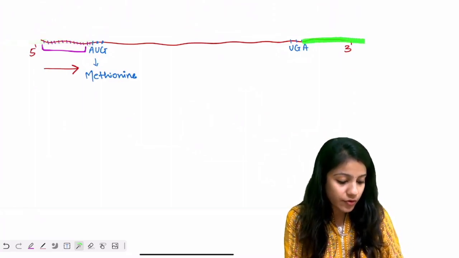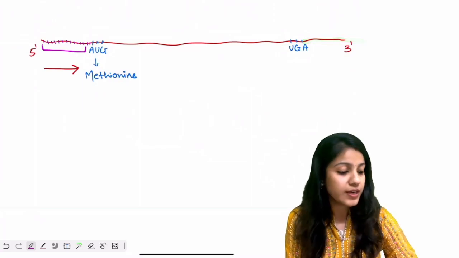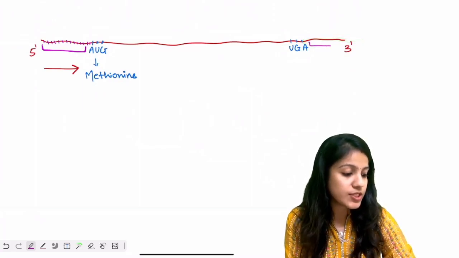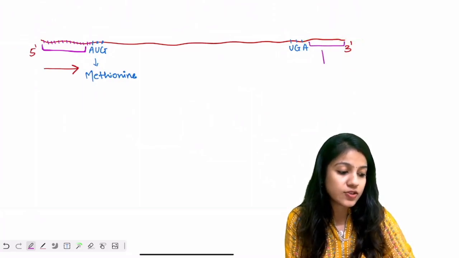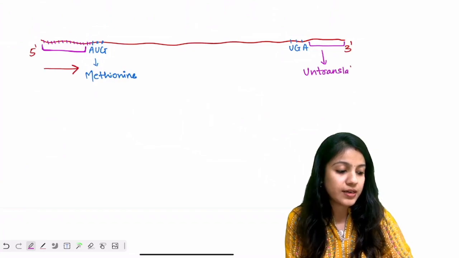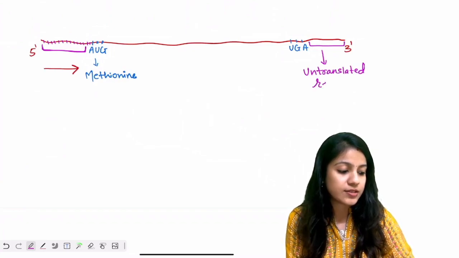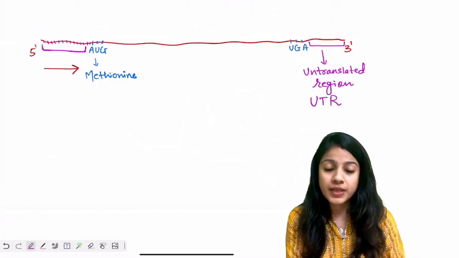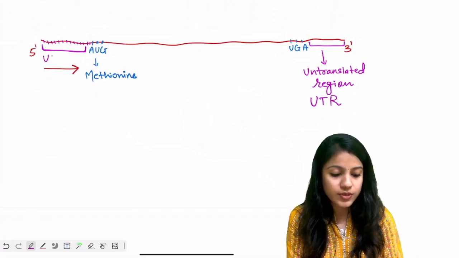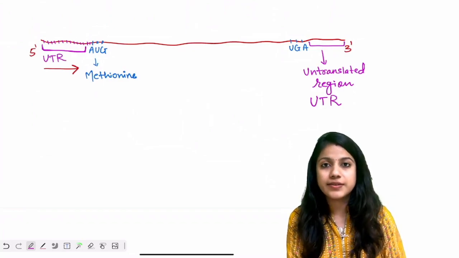They won't get translated, right? So these sequences which are present after the stop codon are called untranslated regions. In short, we can call it UTR. Similarly, here also UTR are present, untranslated region.